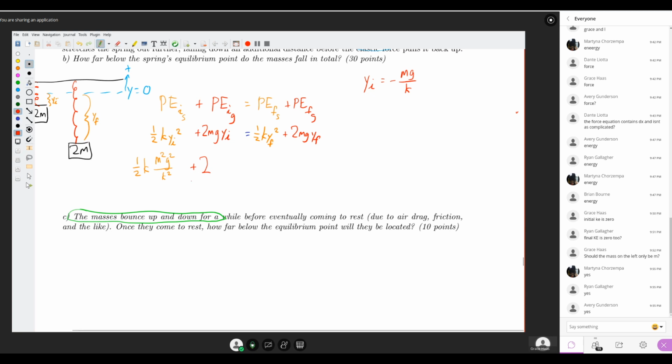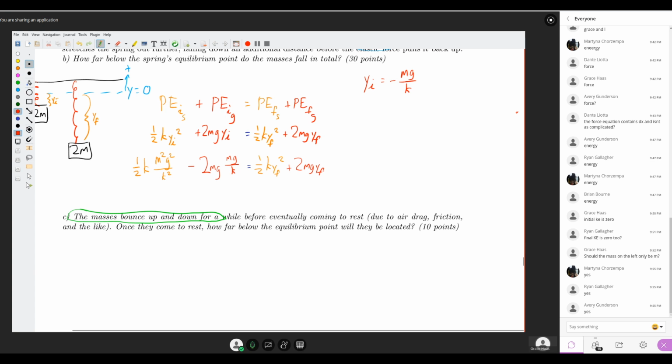Oh, but it's minus, right? Because y initial is negative. So 2mg times mg over k equals, on the right-hand side, 1/2 k y final squared plus 2mg y final.